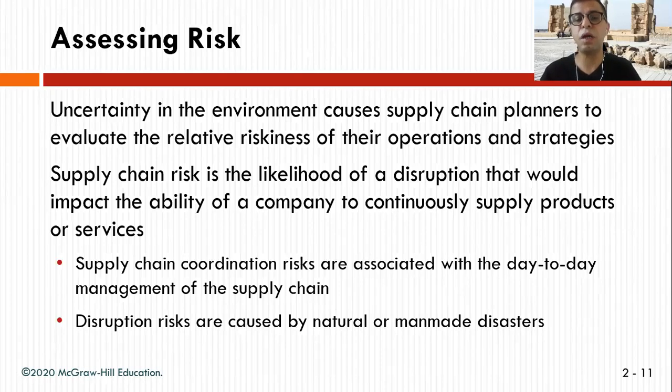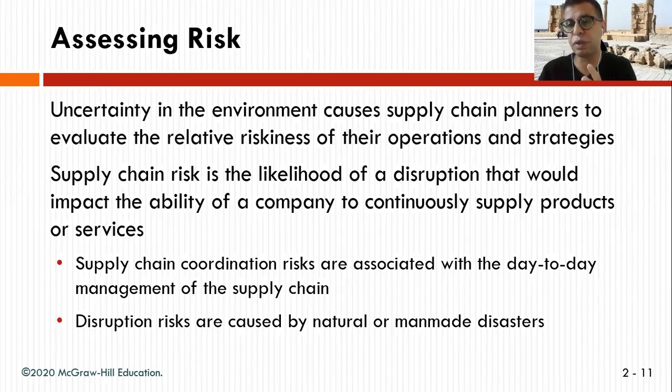Uncertainties in the environment cause supply chain planners to evaluate the relative riskiness of their operations and strategies. They put it on a scale and try to see how they can mitigate the risk to do with the supply. Supply chain risk is the likelihood of disruption that would impact the ability of a company to continue supply of product or services.